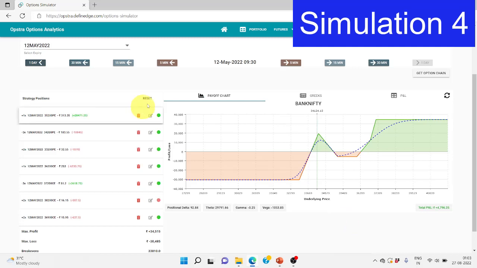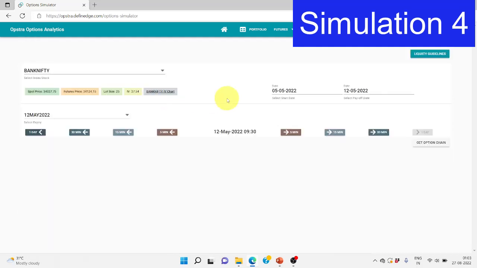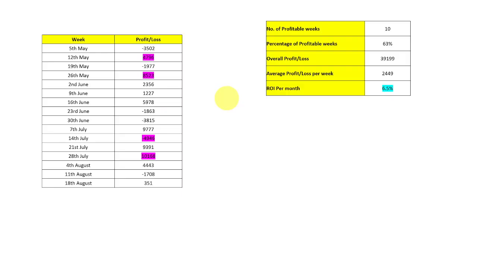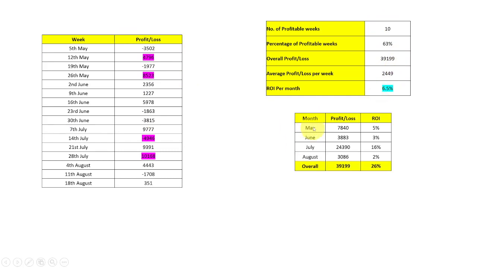So these are the 4 scenarios that you might encounter when applying this strategy. I have also given this summary: out of the 16 weeks, 10 were profitable, and the total profit we got was somewhere around 39,200, which turns out to be around 2,500 per week and 6.5% per month. And you can see May and July were very profitable months.